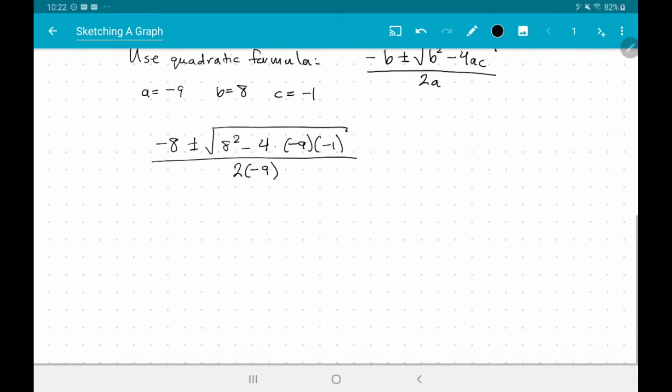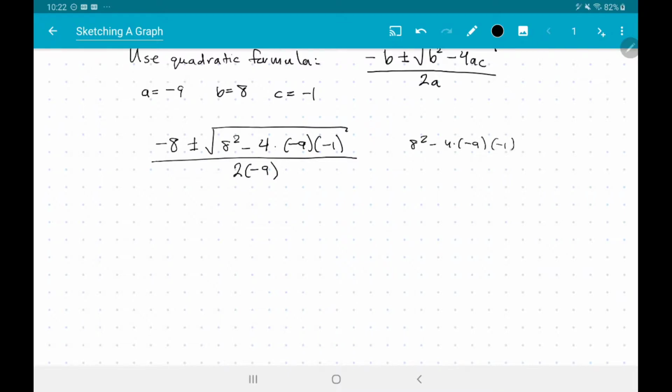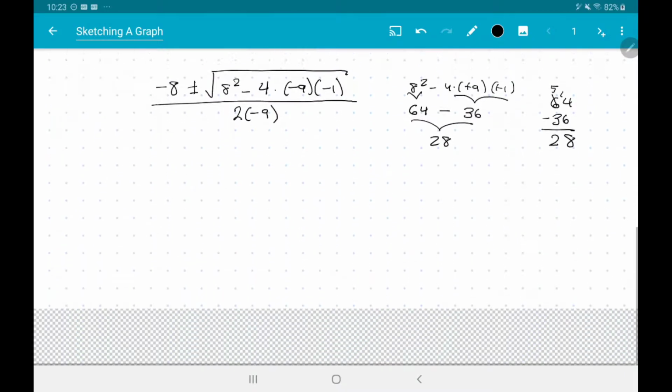Now we need to simplify this just a little bit at least. For starters, the 8 squared minus 4 times negative 9 times negative 1, well, I have a negative times a negative, so I can do a double negative simplification here. 8 squared is 64, 4 times 9 times 1 is 36, and then if we do the subtraction, that leaves us with 28.